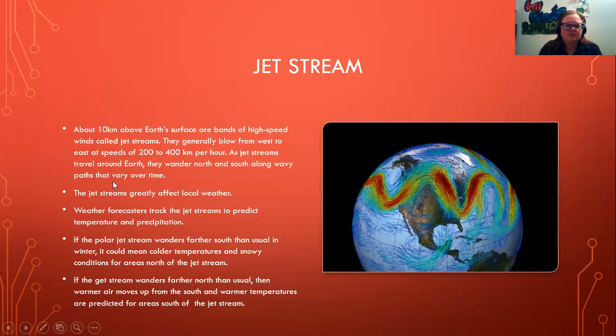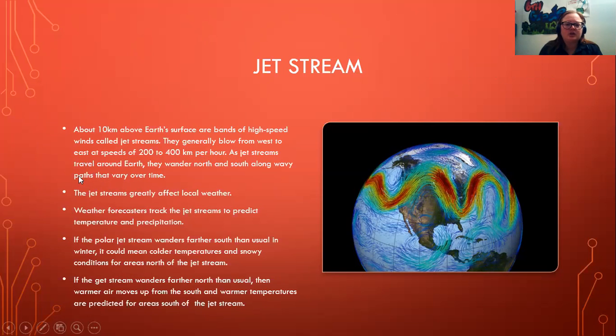And the jet stream. About 10 kilometers above Earth's surface are bands of high-speed winds called jet streams. They generally blow from west to east at speeds of 200 to 400 kilometers per hour.